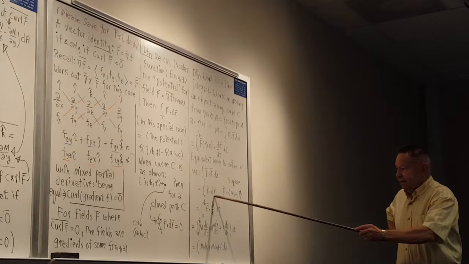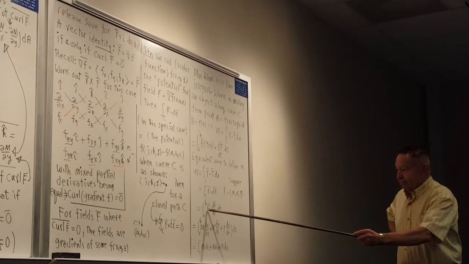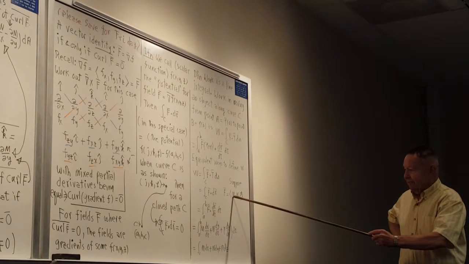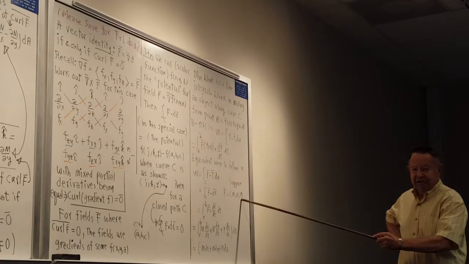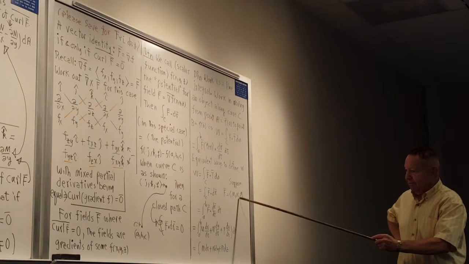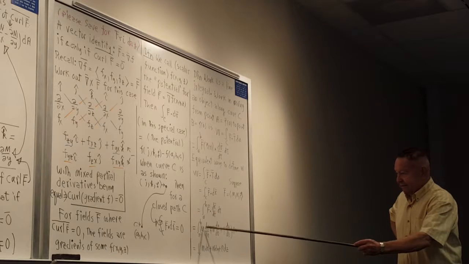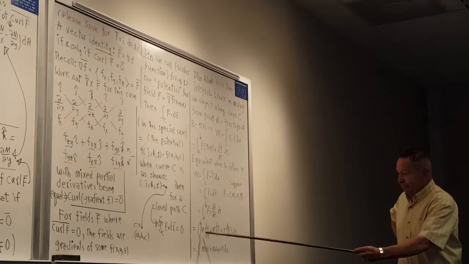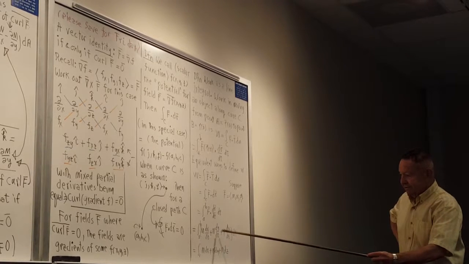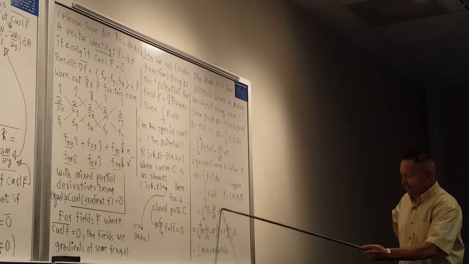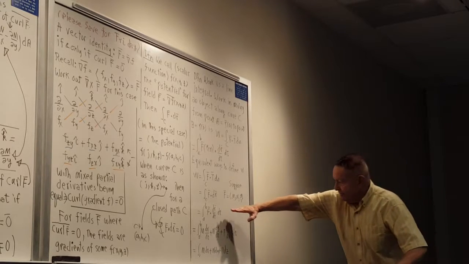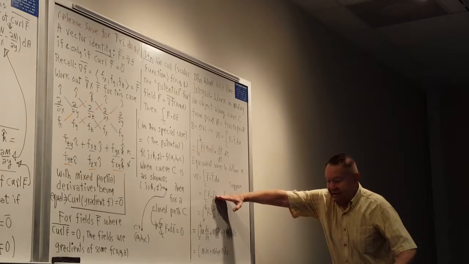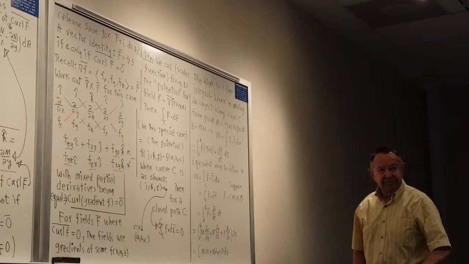Or you can say F dot dr, or F dot dr dt, or if you're thinking of your field in component form, then your F dot dr in component form would look like this. Well, this is F dot dr dt. So this one in component form is that one, and this one in component form is that one.